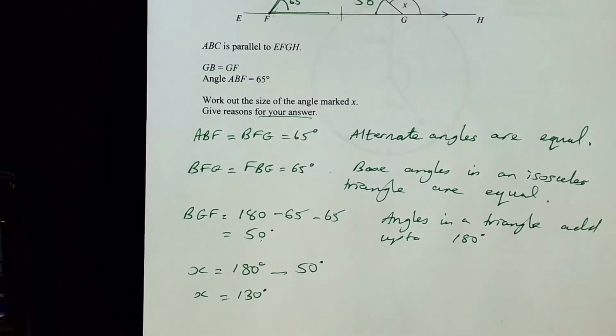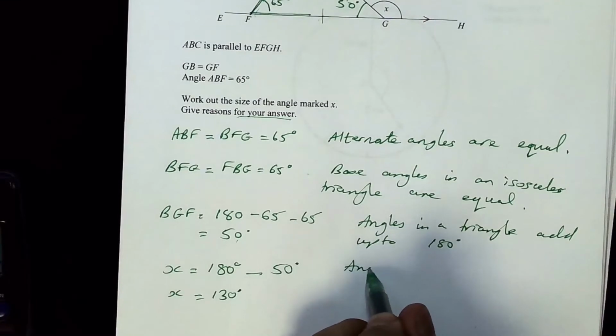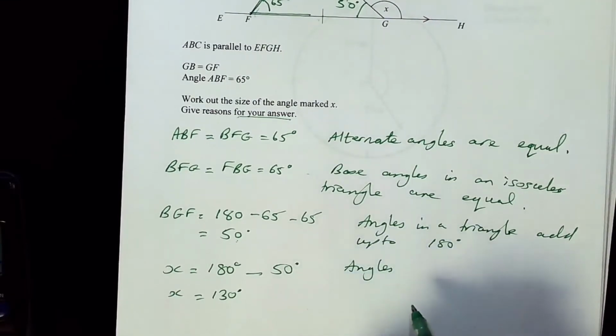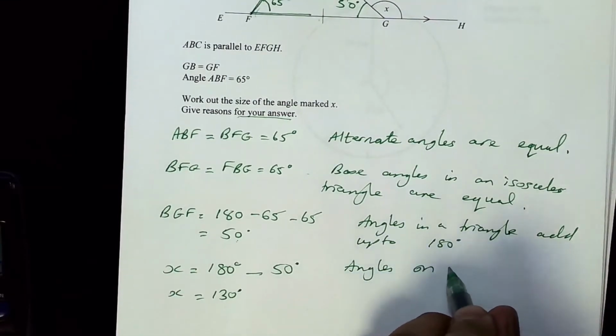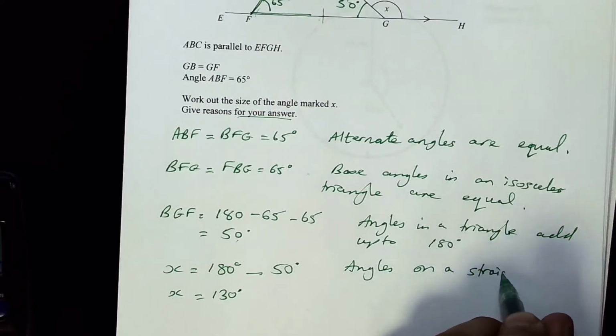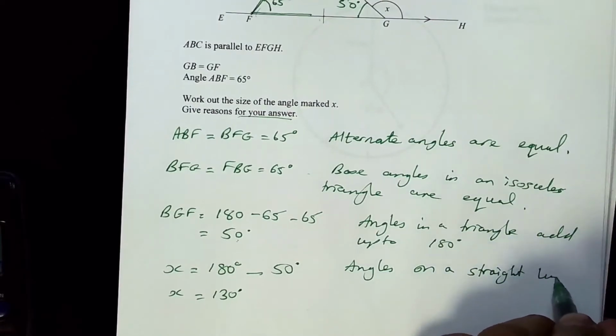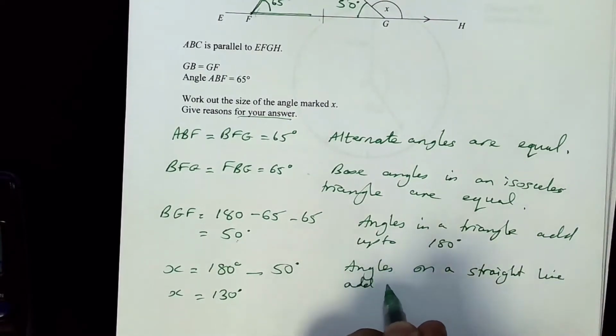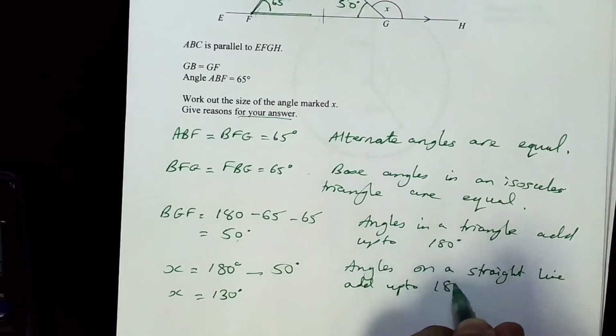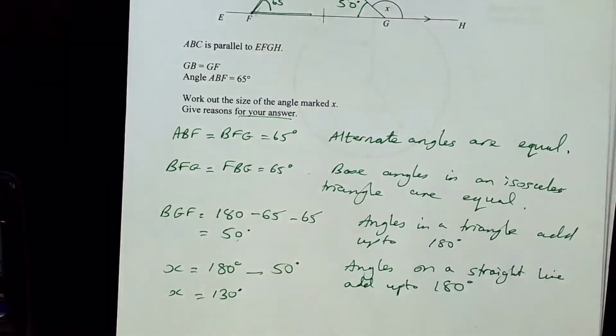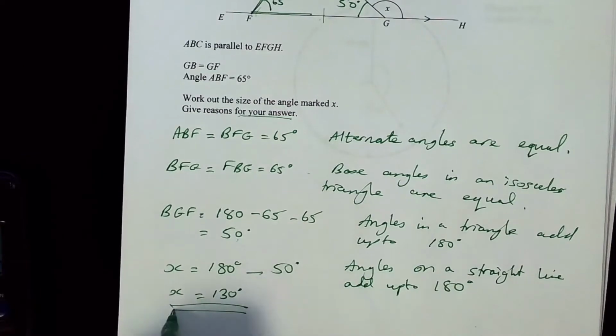And again, for the reason: angles on a straight line add up to 180 degrees. So that's my final answer.